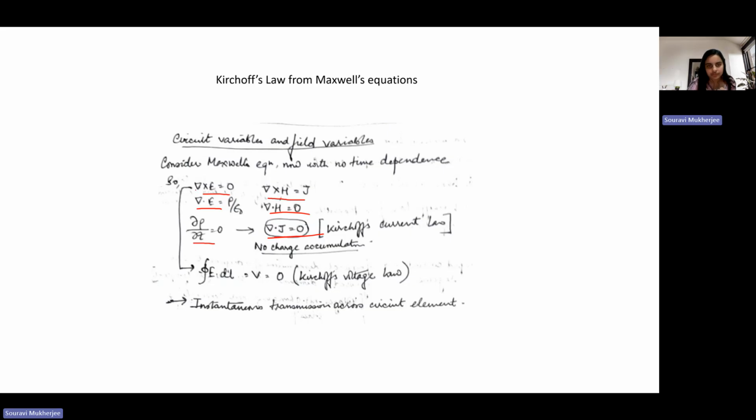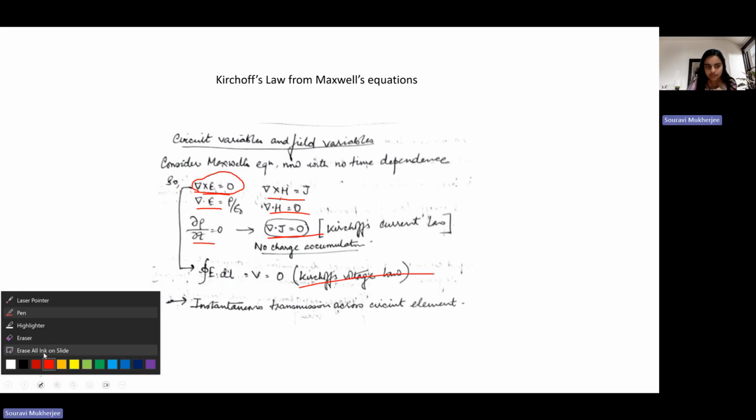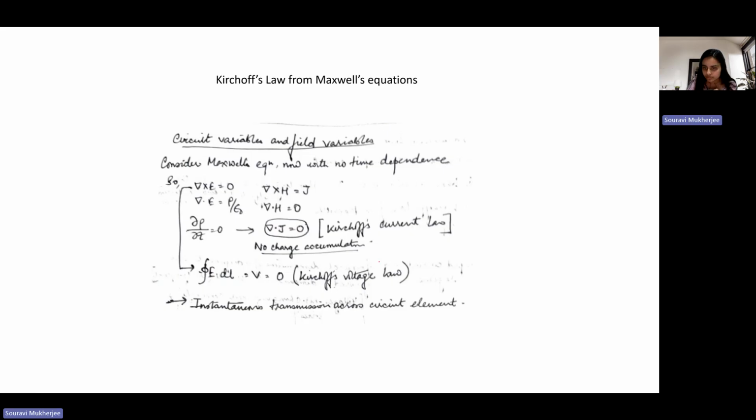Okay. Now, if you again start with this curl of E going to zero, what it means is the closed integral of E dot dl, that is nothing but the voltage, over the entire loop is zero. So this is again nothing but your voltage law. What does the voltage law tell? The voltage law tells that if you have a closed loop, then the algebraic sum of the voltage drops should come down to zero, right?